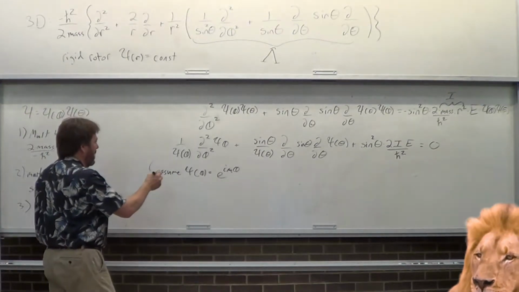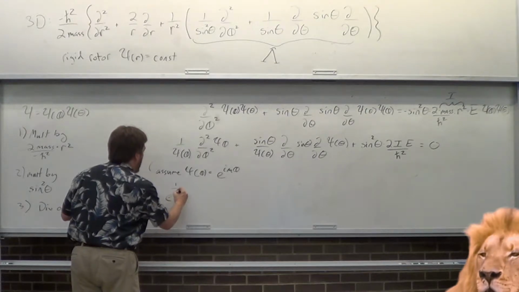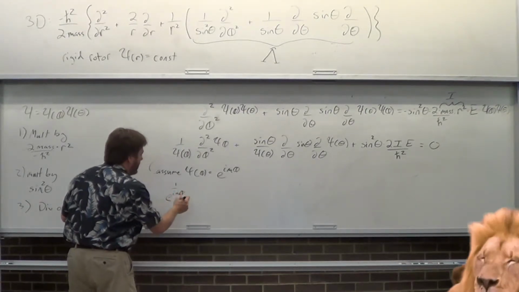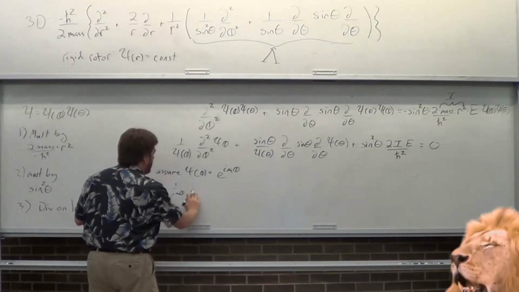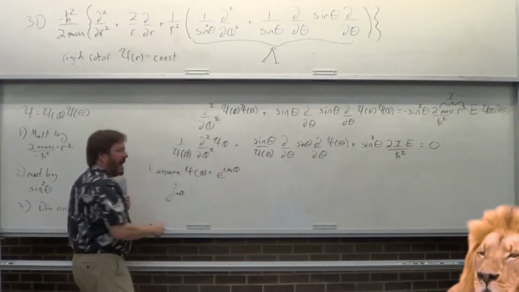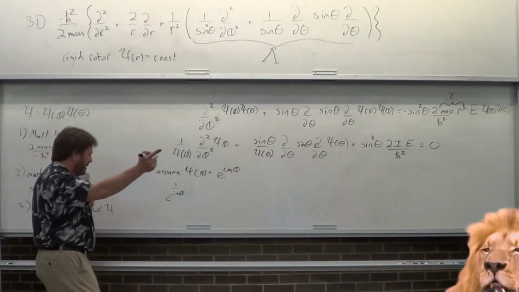Okay, now let's see what happens if you do the operation. Now you see why the normalization constant doesn't matter, because I'm actually going to divide by it. The double derivative of that is what? Negative m squared.